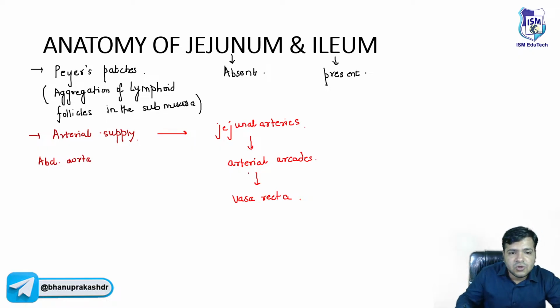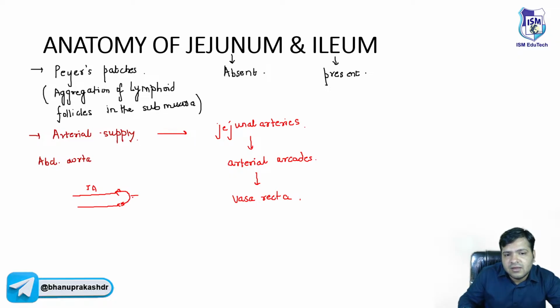Suppose this is a jejunal artery, and this is also a jejunal artery. This jejunal artery will combine with this, and this will form an arc-like structure.